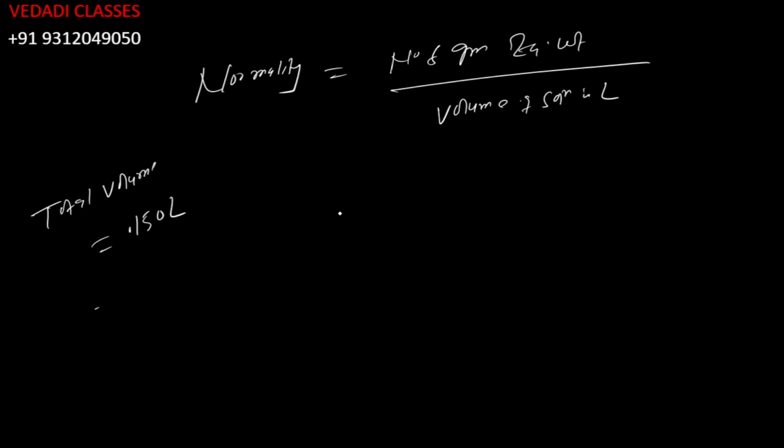So normality is equal to molarity into basicity for an acid, and for a base it will be acidity.